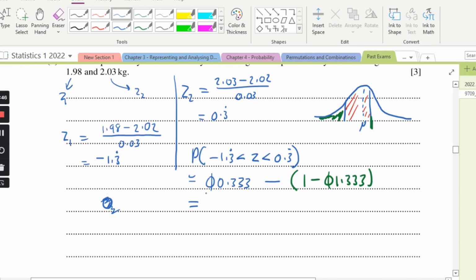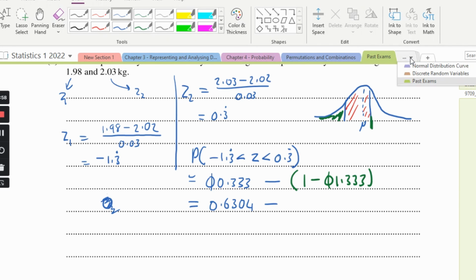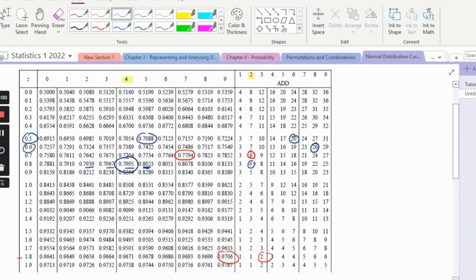Is everyone getting 0.6304 for 0.3 recurring? And then that 1.33. Let's have a look. 1.33, and then we add on. Is it 5 to the end? 0.9087.